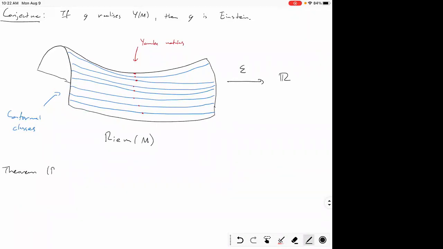But here's one fact due to Petean, 2000. If M is a closed, smooth manifold, simply connected, and the dimension is at least 5, then the Yamabe invariant is greater than or equal to 0.